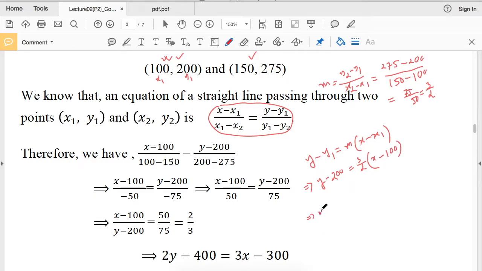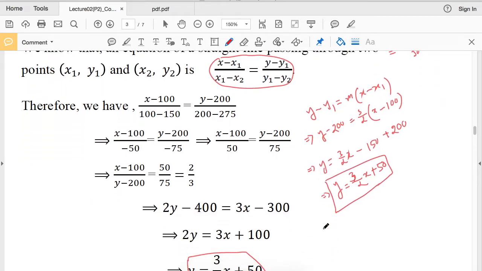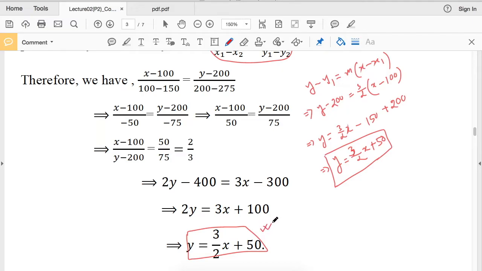And this implies y equal to 3 by 2 x minus 3 by 2 into 100, which is 150, and from the left side 200 will be positive, and this implies y equal to 3 by 2 x plus 50, which is our required linear relationship between x and y, and you can compare the result, which is the same.